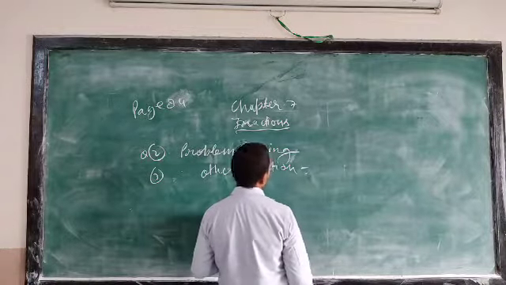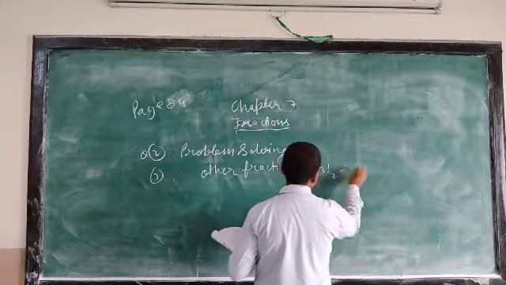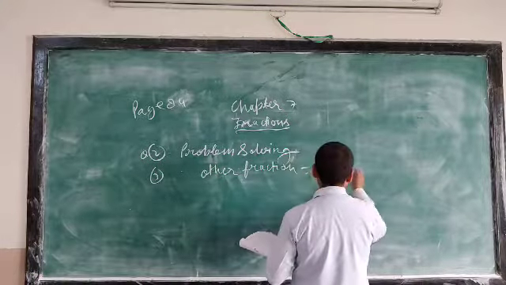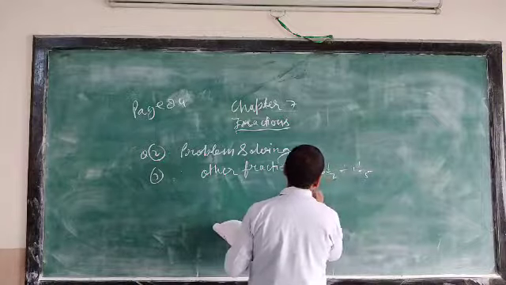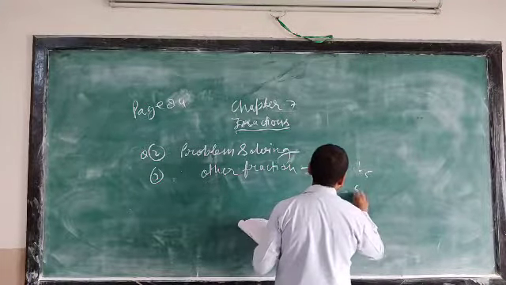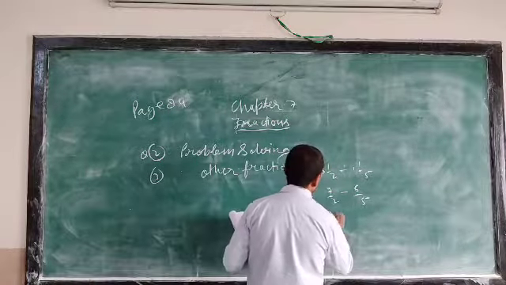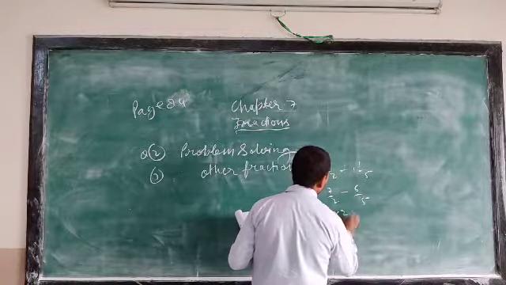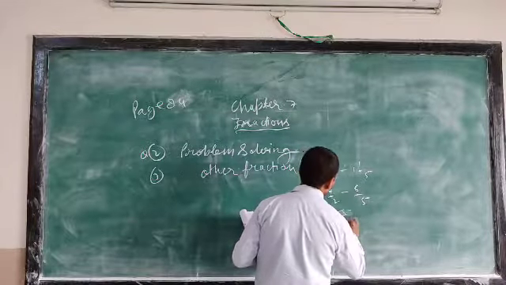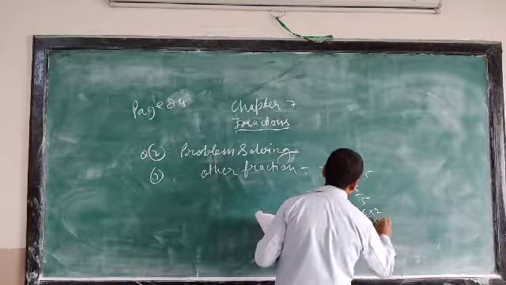Hence the other fraction is obtained by subtracting the given number from the sum of the fractions, 3 and 1/2 minus 1 and 1/5. This will be 7/2 and this will be 6/5. The LCM of 2 and 5 is 10. So 7/2 multiplied by 5 and 6/5 multiplied by 2.